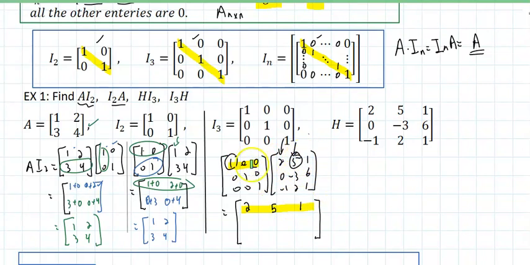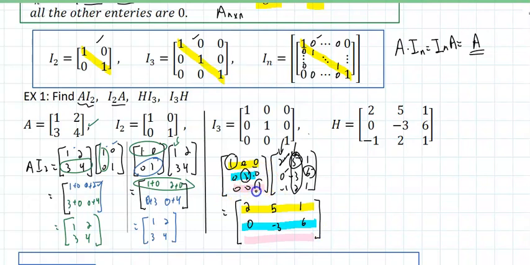And 1 for this. To generate the second row, I use the second row. Notice only the second entry is a 1. So 0 times 2 is 0, 1 times 0 is 0. So only the second entry of each column is going to survive, because the rest is going to be 0. And to generate the third row, I use the third row.